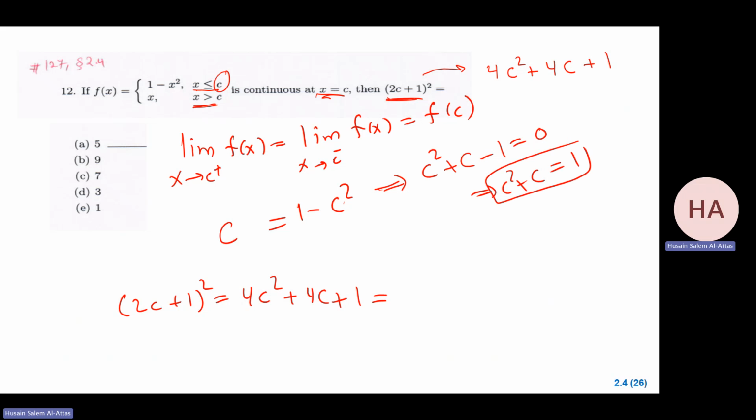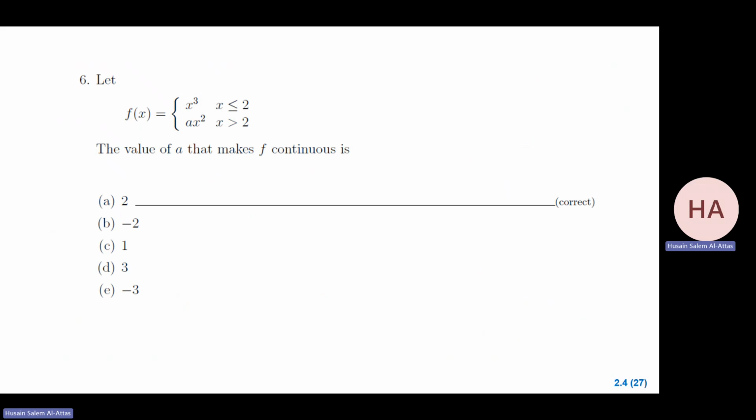So this one is 4 times (c squared plus c) plus 1. This is 1 without finding c. So this will be 4 times 1 plus 1, which is 5. So 2c plus 1 squared will be 5. No need to find c.